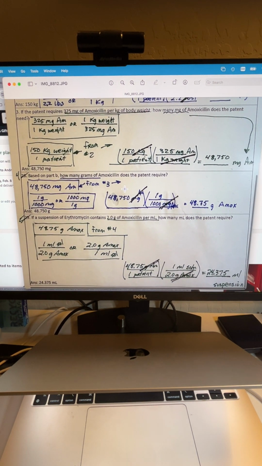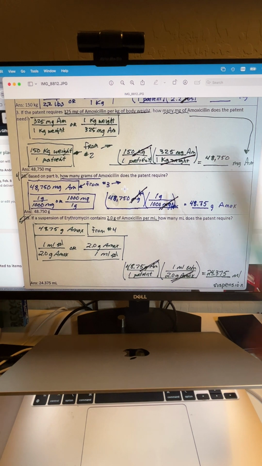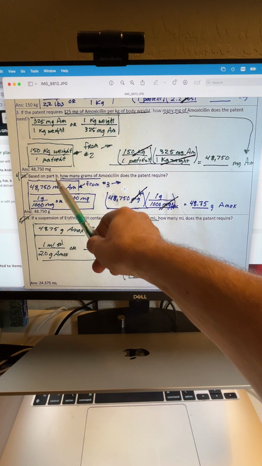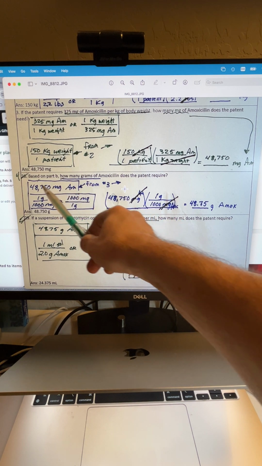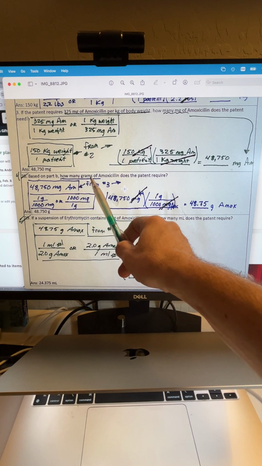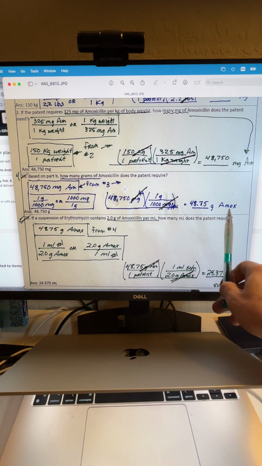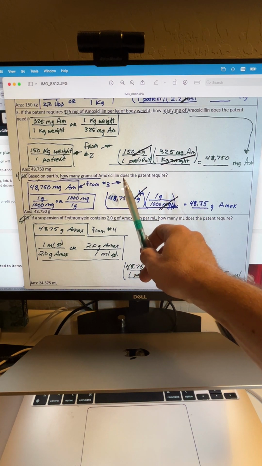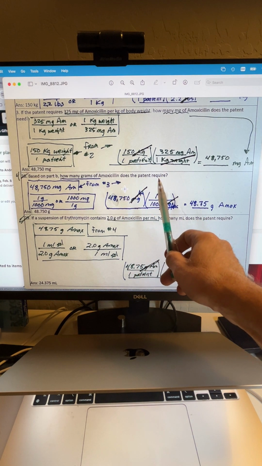All right, let's look at number 4. See, this one says based on part B. That's what they should have done. And it means I'm going to be using that number from number 3. There's number 3. And then it says how many grams, clue to put grams of amoxicillin and put a line. How many grams of amoxicillin does the patient require?